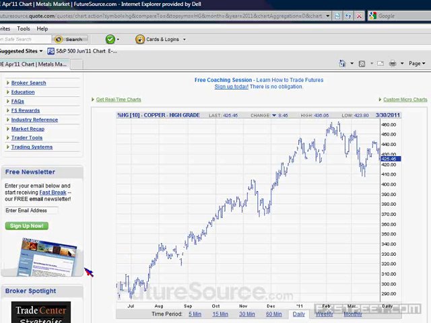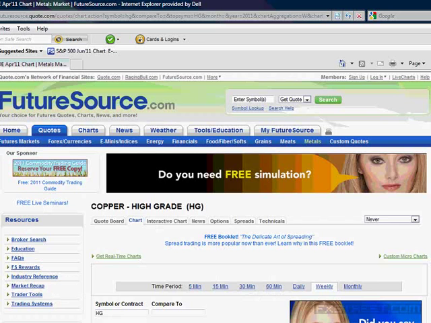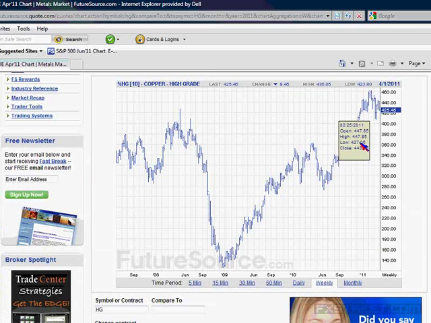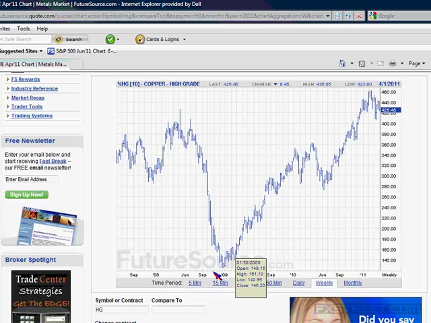That doesn't look good to me. S&Ps are making new highs and copper's rolling over. Okay? That's a daily. Here's a weekly. So to me it's saying the risk is going to come off. I mean, why can't copper pull halfway back from the 09 low?